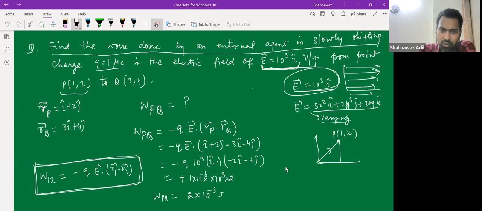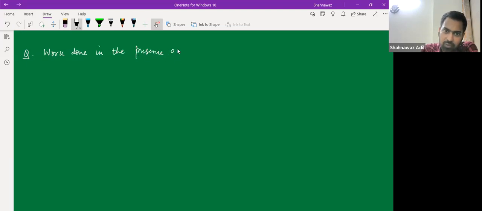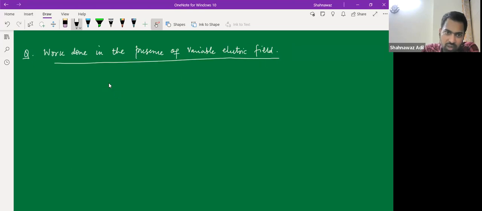Okay, so the next question is about work done in the presence of variable electric field. So in the presence of variable electric field, how do we calculate the work done? This is integral from 1 to 2 of minus q E dot dl.